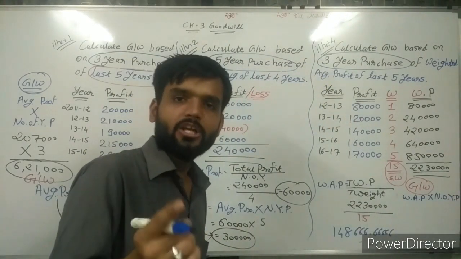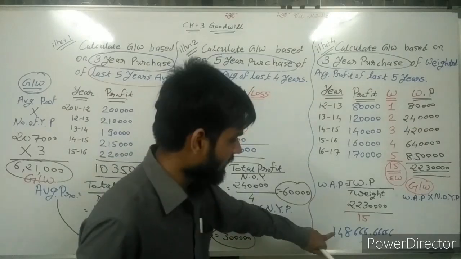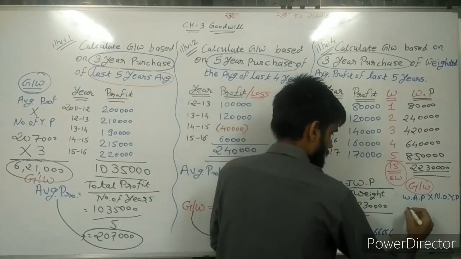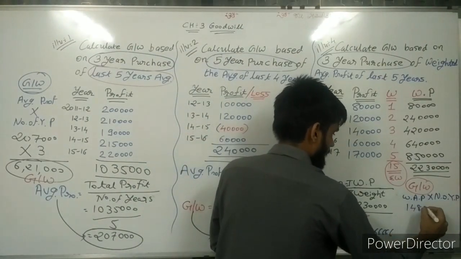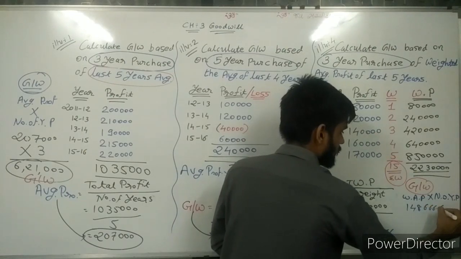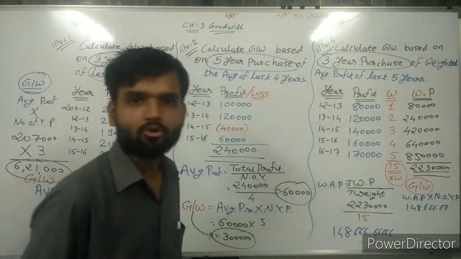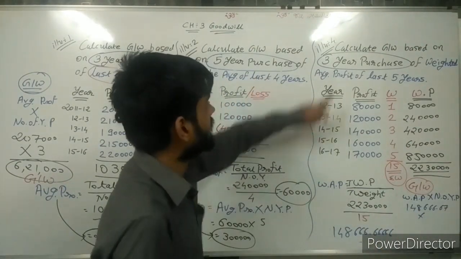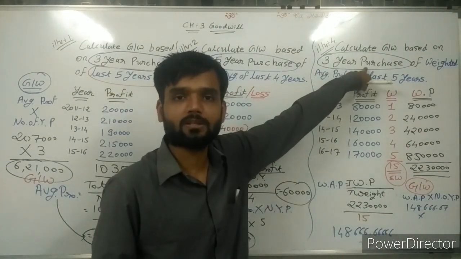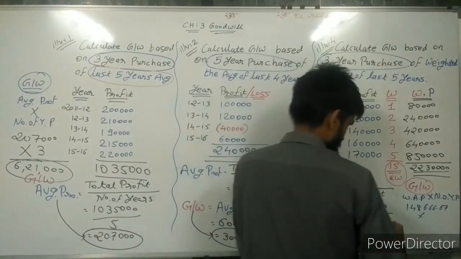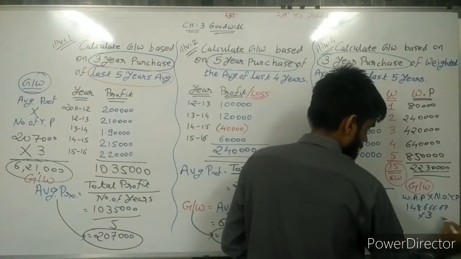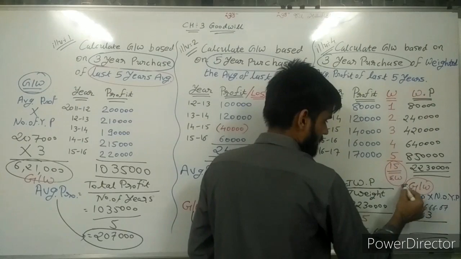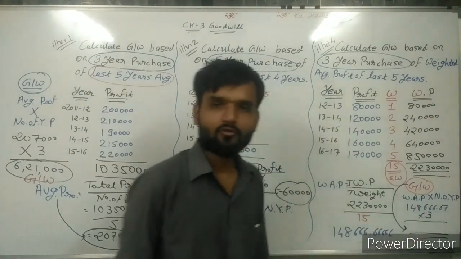Weighted average profit is 1,48,666.67, we can round it off. Then multiply with the number of years; 3-year purchase is given. So multiply with 3, and then you can get the value of goodwill.